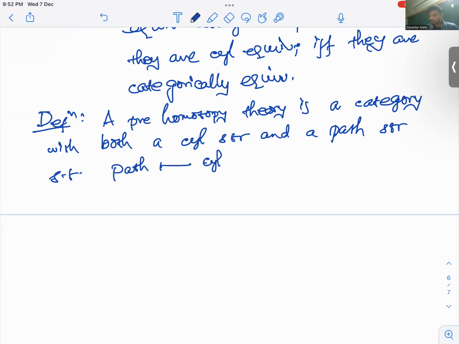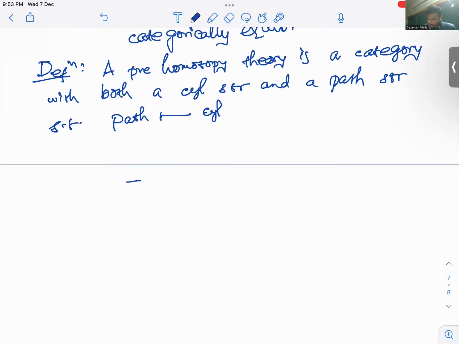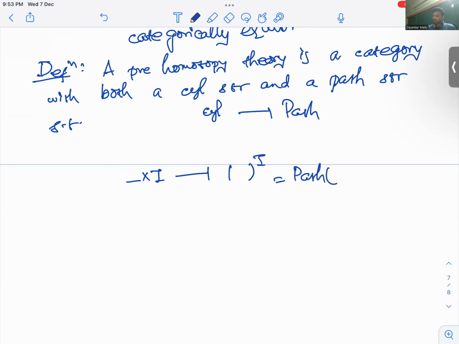Well, in the case of topological spaces, the cylinder, blank cross I, is left adjoint to the function space, blank to the I, or path, in the case of Top. This was the case.